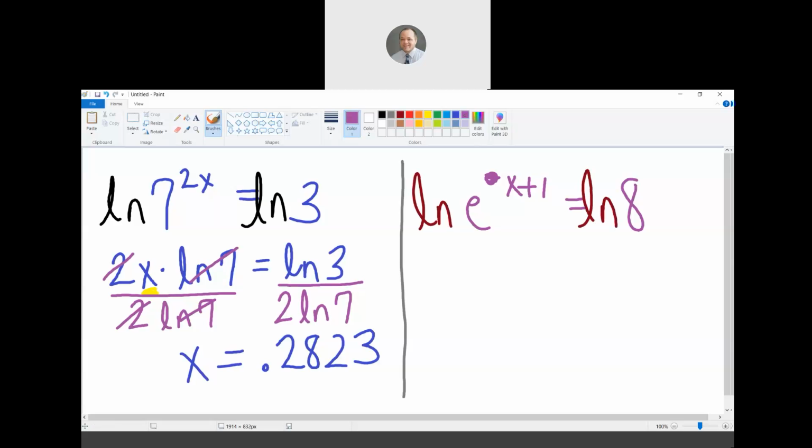Now, the natural log and log, remember, have the same properties. So using the exponent law, move the x plus 1 to the front. So we have x plus 1 times natural log of e equal to natural log of 8.